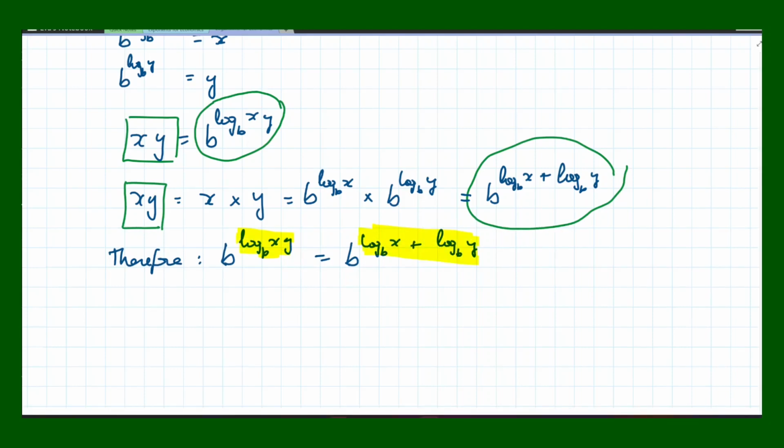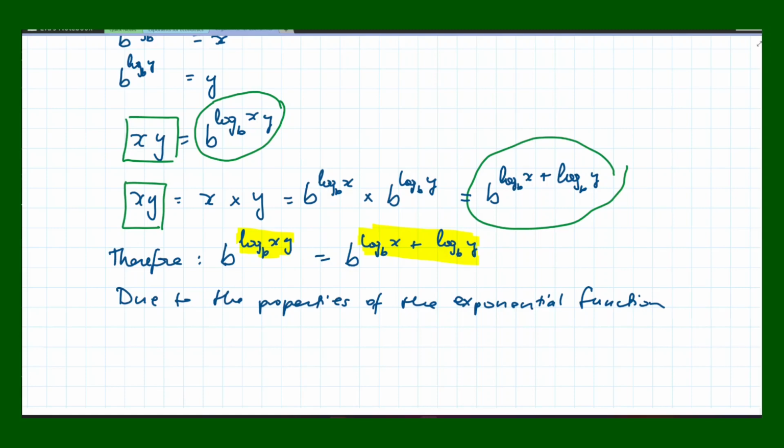Thankfully for us, we can claim that due to the properties of the exponential function, and here I'm being a little bit sly because I have not introduced you to these specific properties like continuity and monotonicity, so I'm not going to prove those, but those are actually the properties that I can apply here, combined with the fact that b itself is positive and not equal to 1, so these properties will hold.